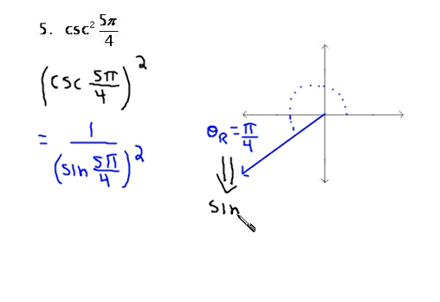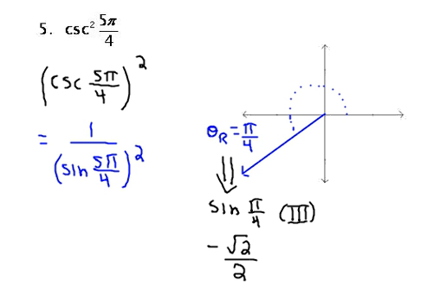The sine of pi over 4 in quadrant 3, well, sine of pi over 4, or the sine of 45, is equal to square root 2 over 2. But because we're in quadrant 3, it will be negative.